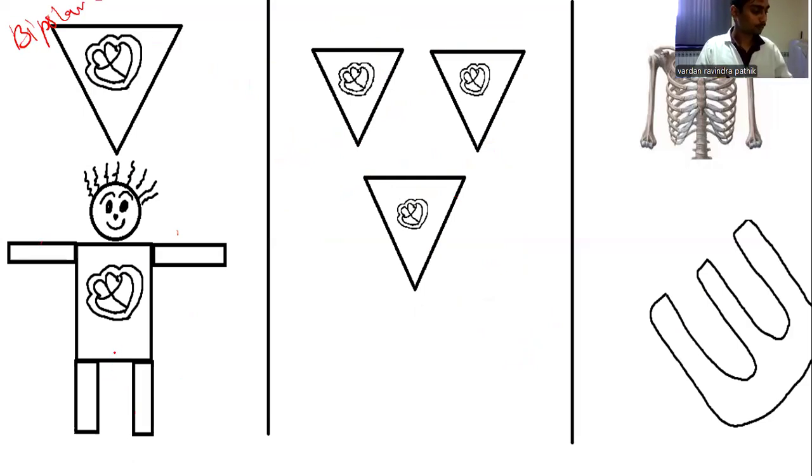For this, I'm going to put a negative electrode here and a positive electrode on the foot, and again a positive electrode here. Now from positive to negative, this will be a lead.